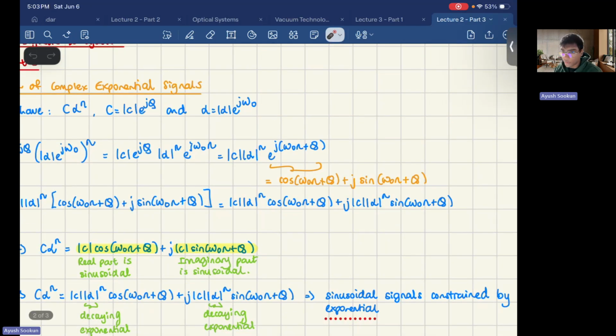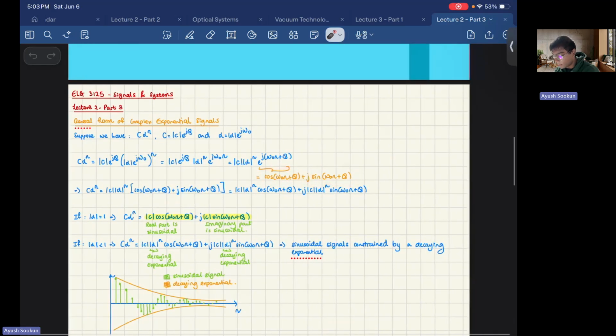In this case, we don't have theta, we have omega 0 n plus theta, so let me call this theta prime, for example. You can convert this complex exponential to a sum of a cosine and an imaginary sine.